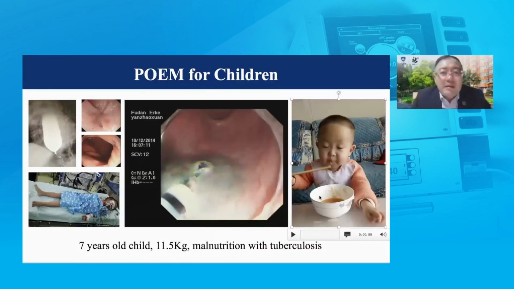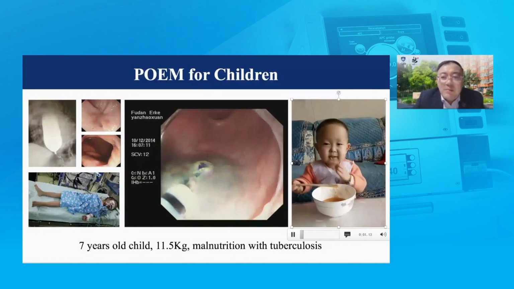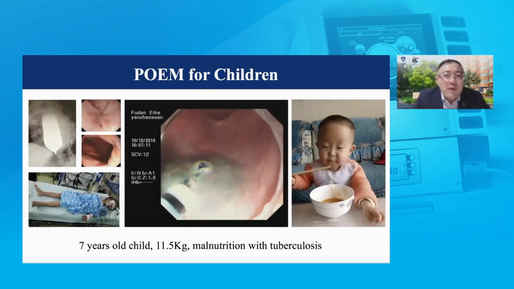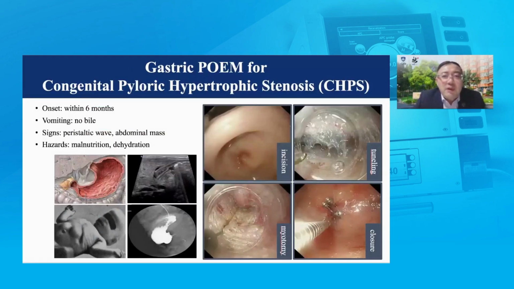Recently, we performed gastric POEM for congenital pyloric hypertrophic stenosis. This patient was very, very young, within 6 months, and vomiting with no bile.